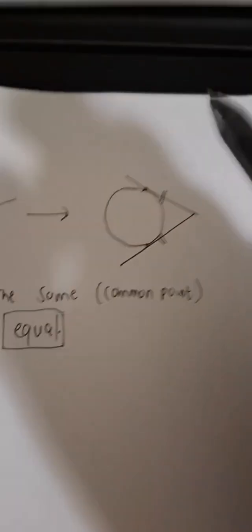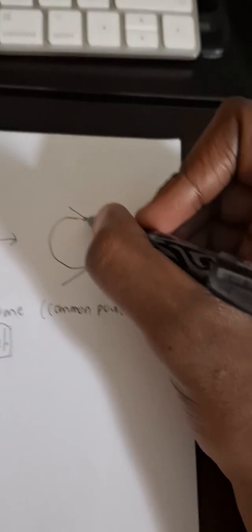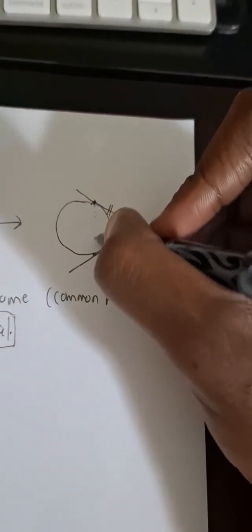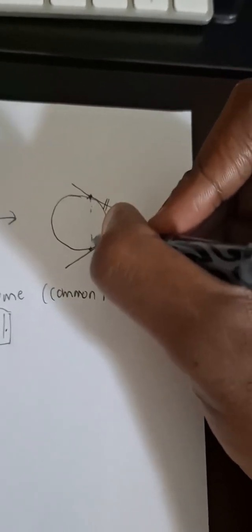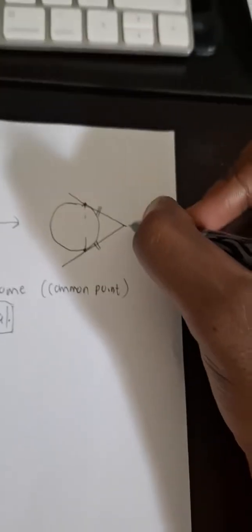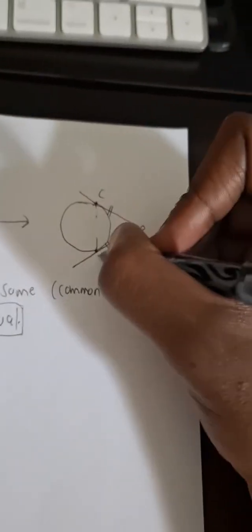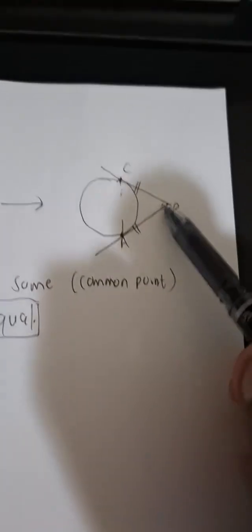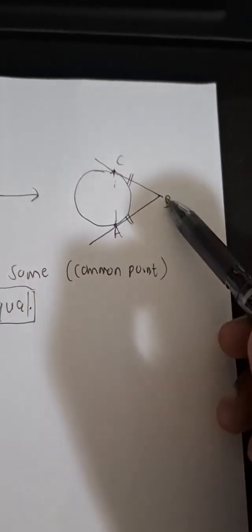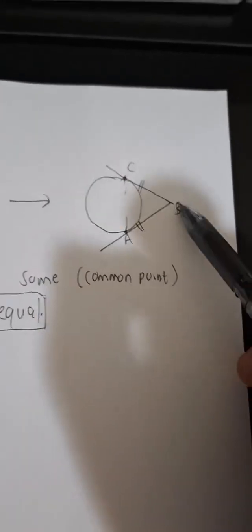And this helps a lot with other things. For instance, depending on the situation, let's say they close here and they have a particular chord. If this is B, and that's C, and let's say that's A, then because these are tangents from the same point, we could conclude that AB is equal to CB.